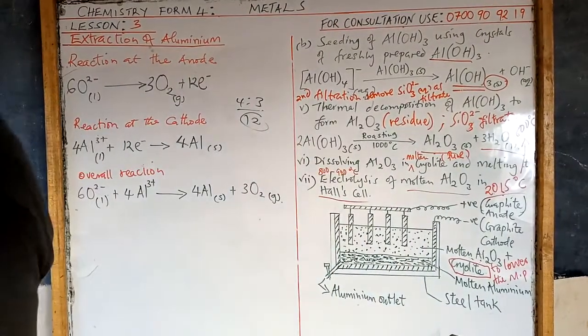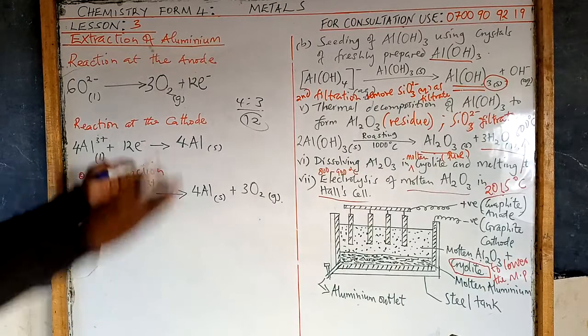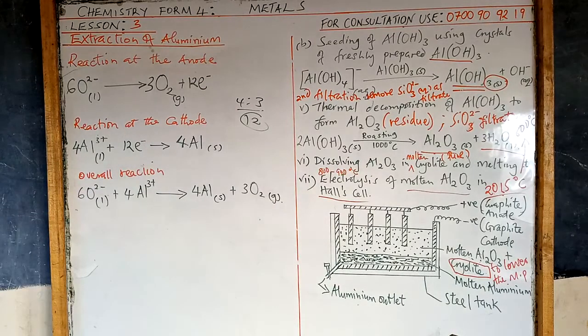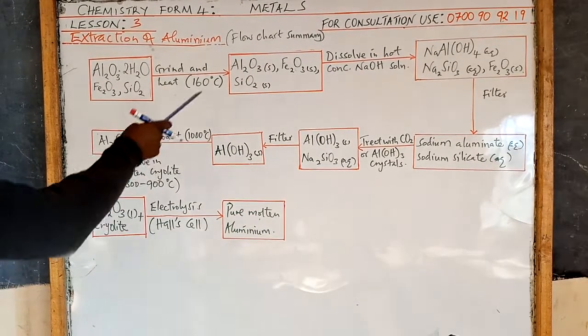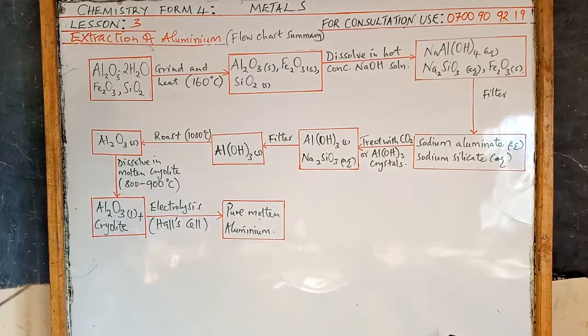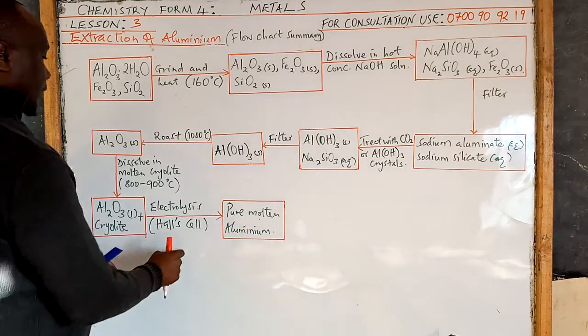So let me just draw a flowchart summary for this entire process for you. So here is the flowchart summary of the Hall process. That is the entire process for extraction of aluminium all the way to the Hall cell.